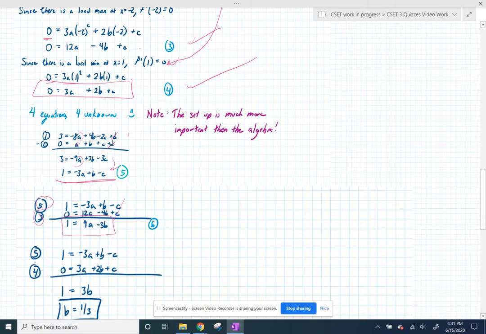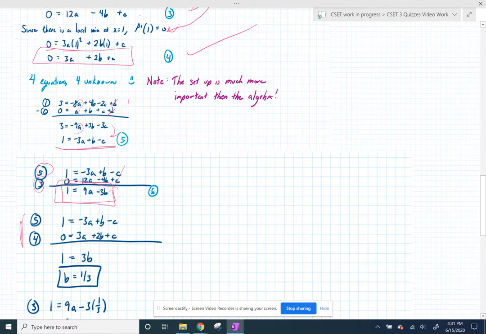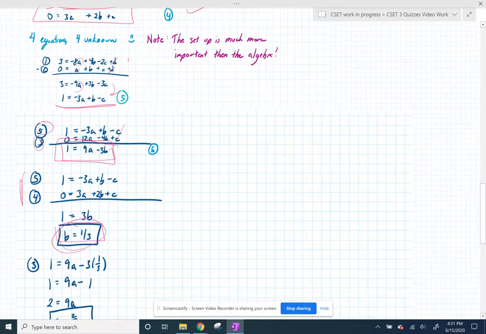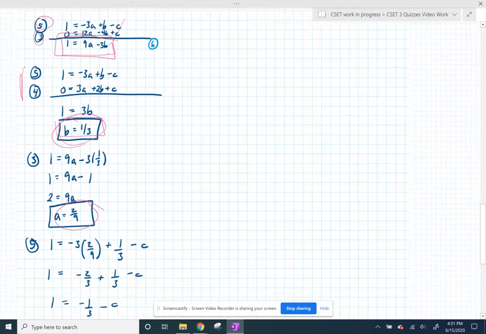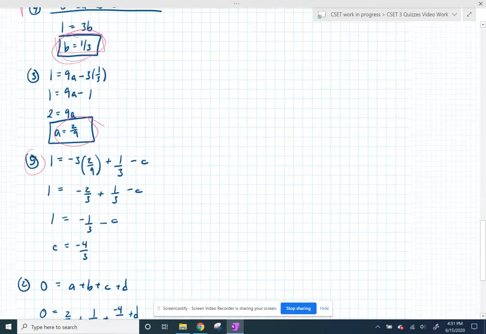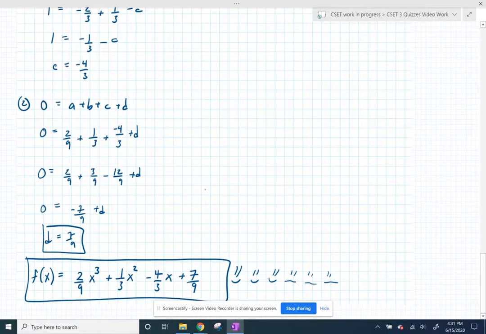And then I combine equation 5 with 4, which also didn't have a d, and so now I've got these two. Oh, and then that one gave me the 1/3 right away, and then I just plugged that into equation 3 to get my A, and I plugged that into equation 5 to get my C, and then I plugged that into equation 2 to get my D, and I've got them all.